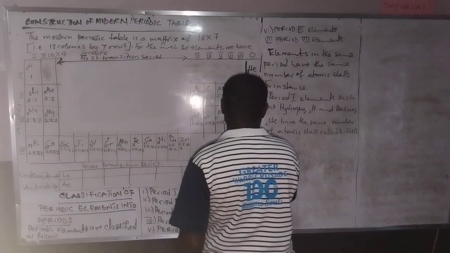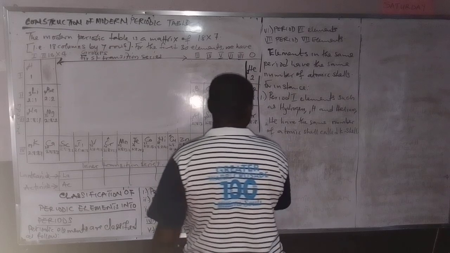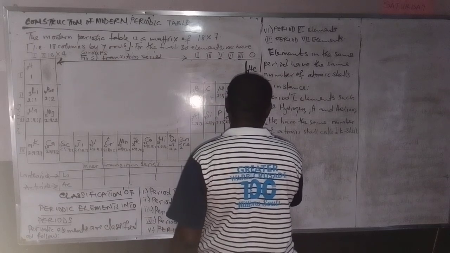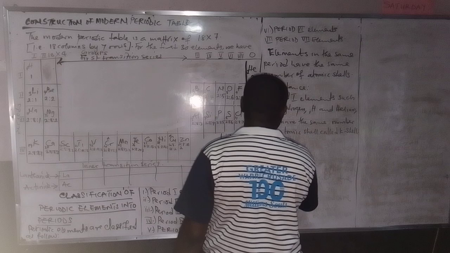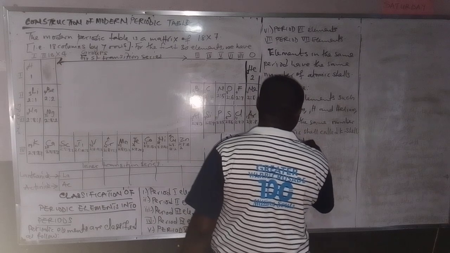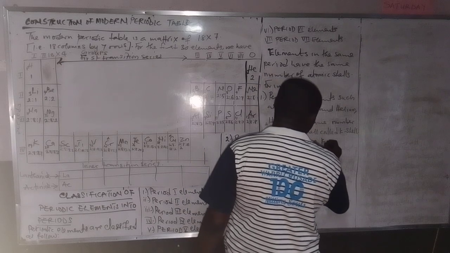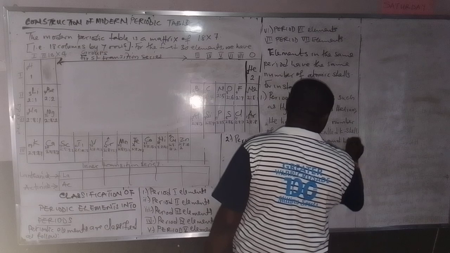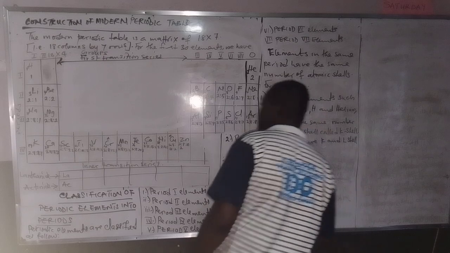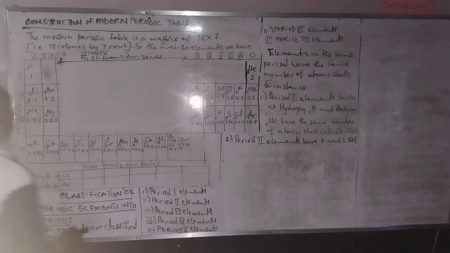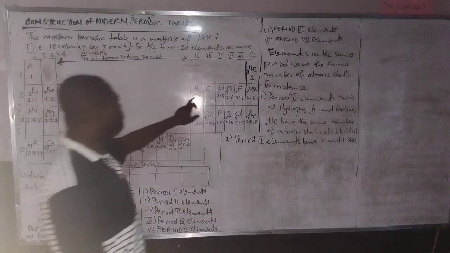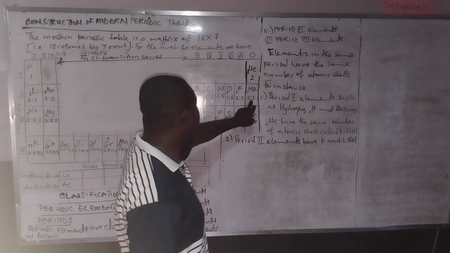Then number 2 thing to note here is that period 2 elements have K and L shell. Let's check. Period 2, you have lithium, beryllium, boron, carbon, nitrogen, oxygen, fluorine, neon.